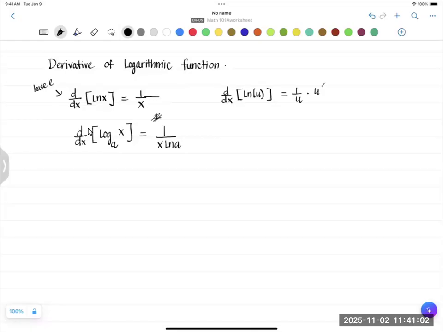And the derivative of a logarithm with any base, where u is any function, is u prime over u times ln a. So we're going to apply that.